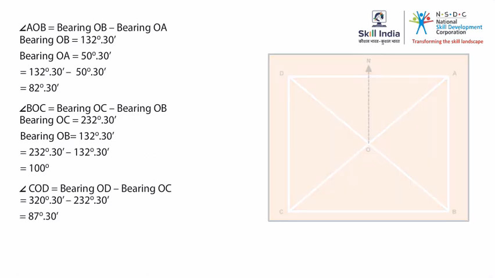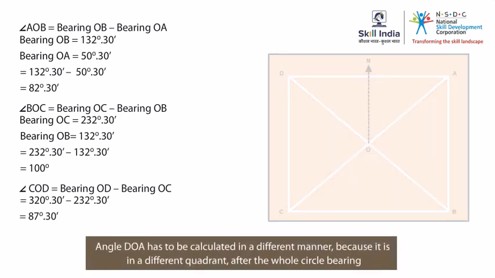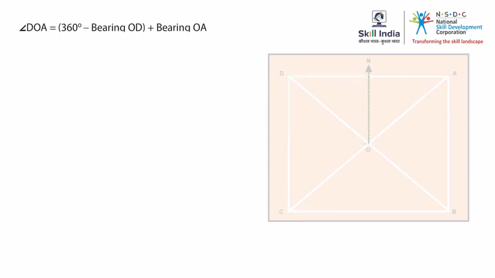But angle DOA has to be calculated in a different manner, because it is in a different quadrant after the whole circle bearing. So to calculate angle DOA, you have to use the formula. Angle DOA is equal to 360 degrees minus bearing OD plus bearing OA.